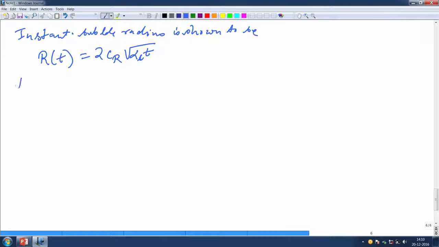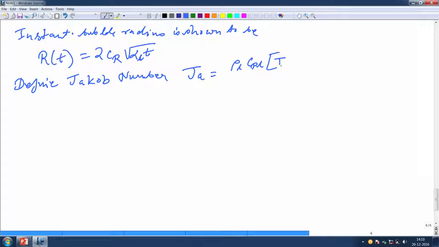Now, we can define something called the Jacob number. That Jacob number is given by rho L CPL into TL infinity minus T sat, into PV divided by rho V into HLV. This is the Jacob number.